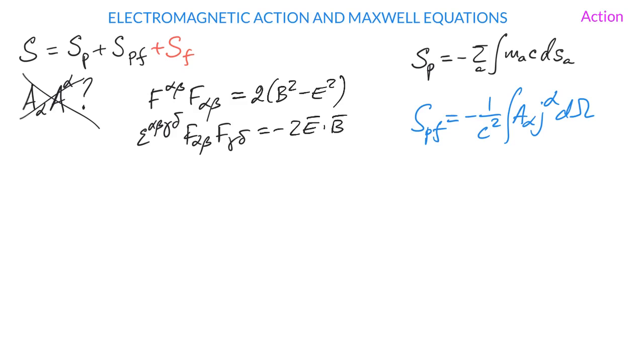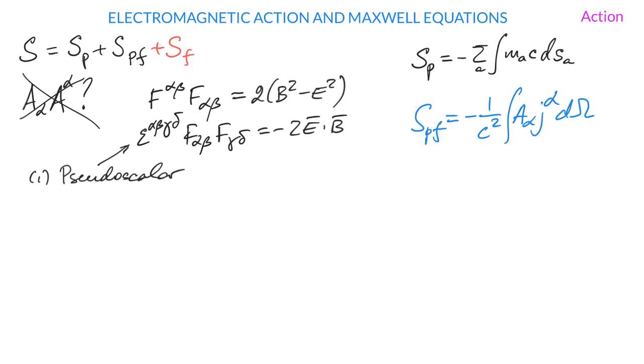The first term will go into the action. Now, the second term should not, for the following reasons. First, it's not a true scalar, it's a pseudoscalar. That means that it changes sign under spatial inversion. Now, if we added a term like this into the action, it would violate the parity invariance, the invariance under inversion, which we know from experiment that electrodynamics obeys.